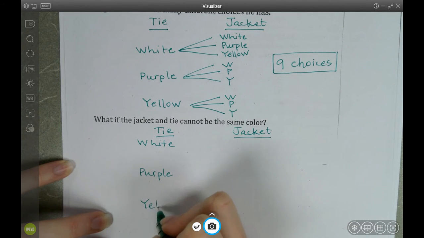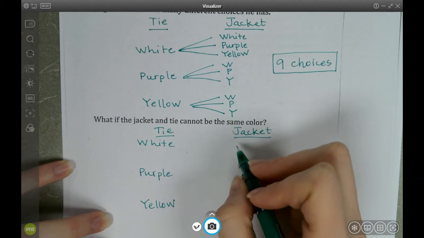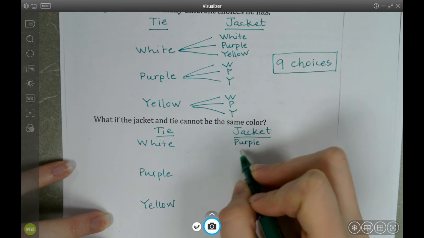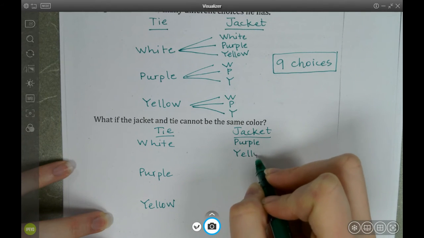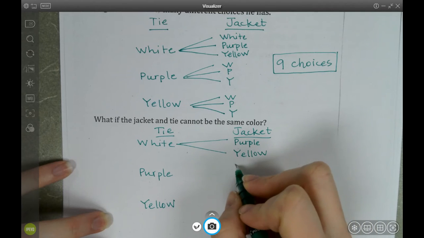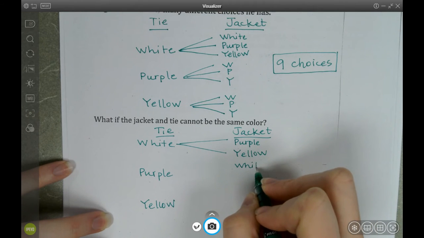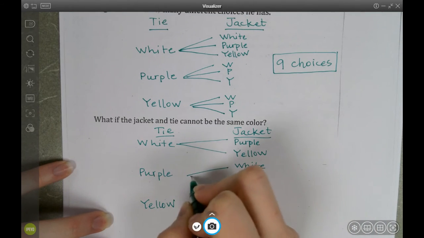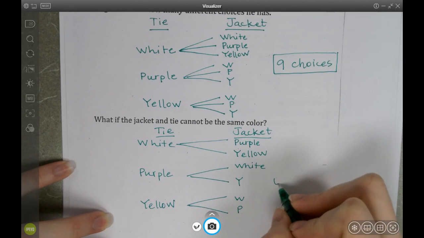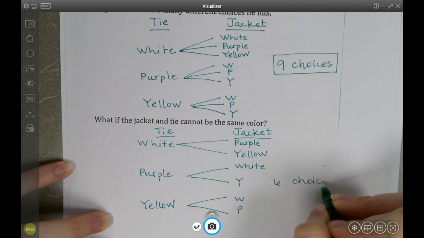Could you just go along the first tree diagram and cross out? You could, but these are 2 separate questions, so you need 2 separate tree diagrams. So 6 choices.